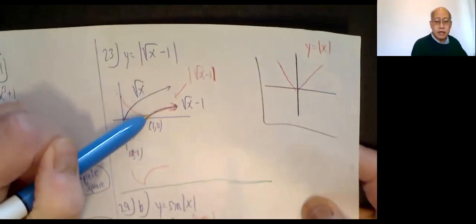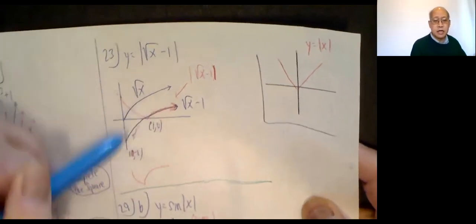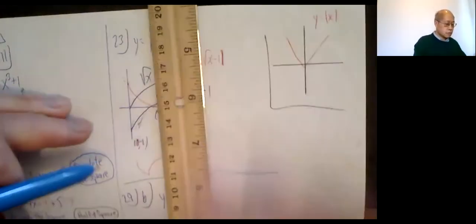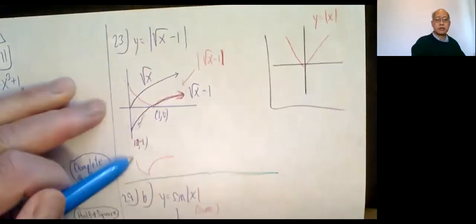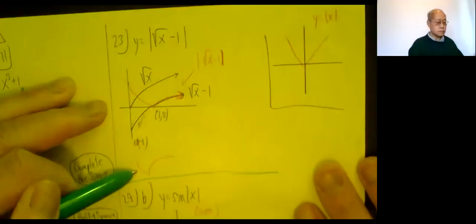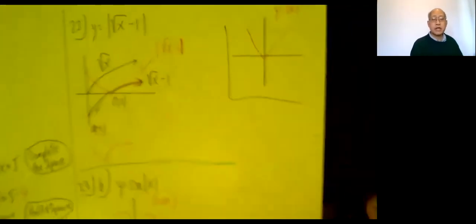Anything that's greater than or equal to 0, i.e. above the x-axis, stays. The part that's below reflects across the x-axis and comes over here. So it ends up like that. Okay, the problem's actually finished.